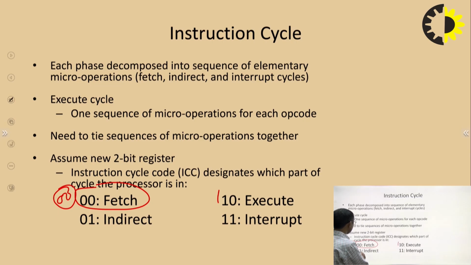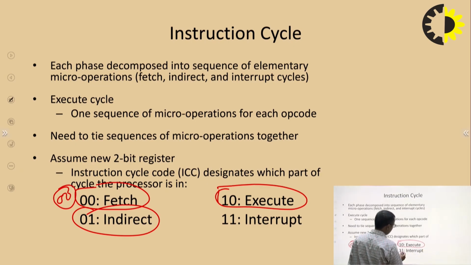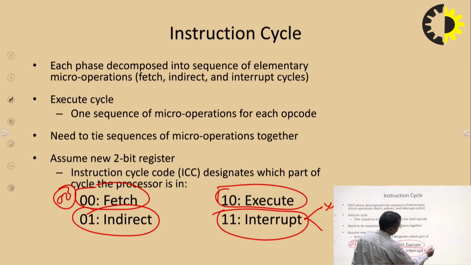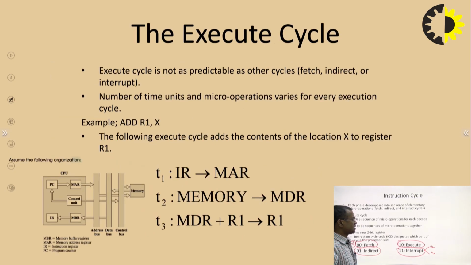Then we will go for 0, 1, that is the indirect operation. Then we will go for execution as a third step, and at the fourth step there is an interrupt. This is optional, depending upon whether the interrupt enable flag register is there or not. If it is enabled, then it will happen. Otherwise, it will go directly again to the fetch cycle.